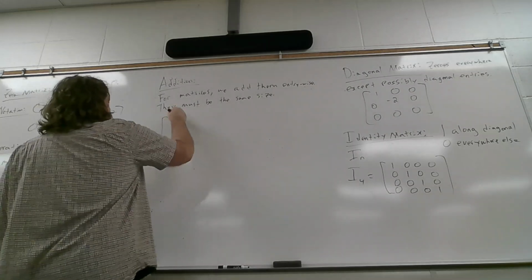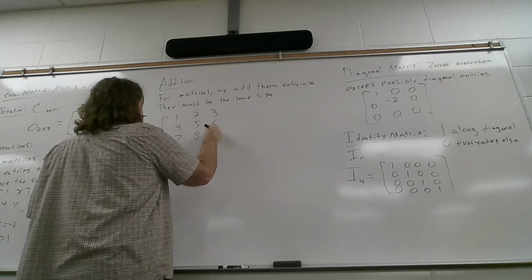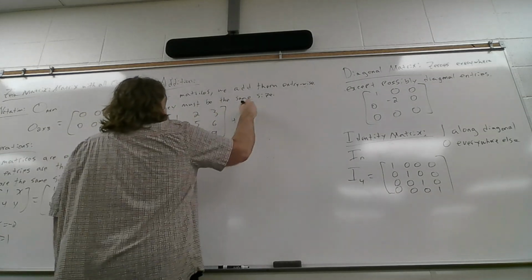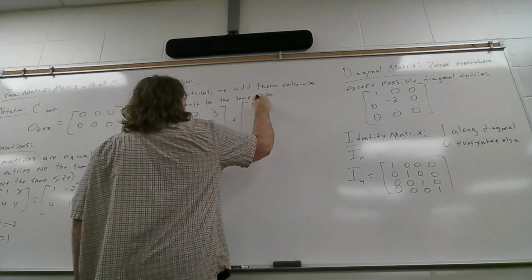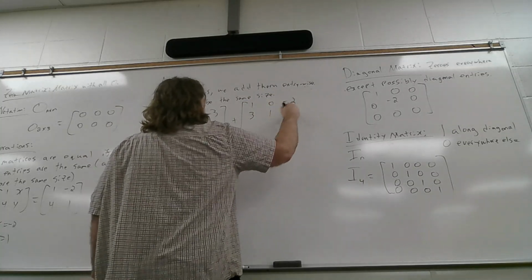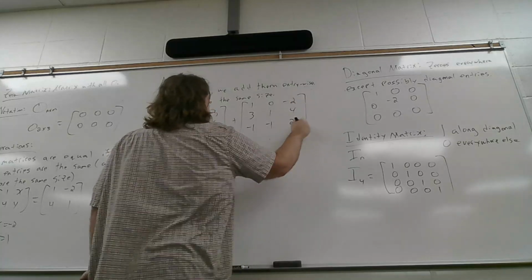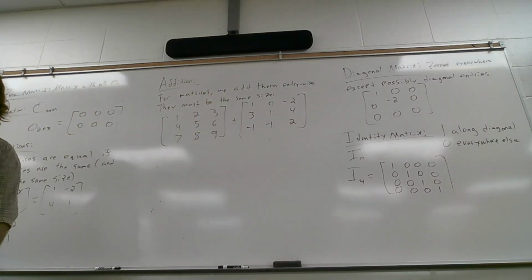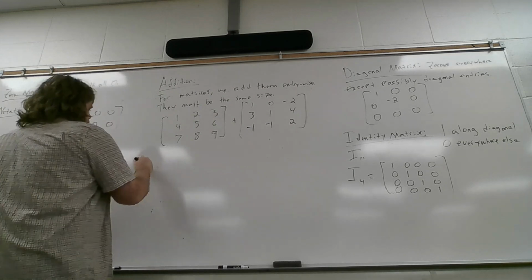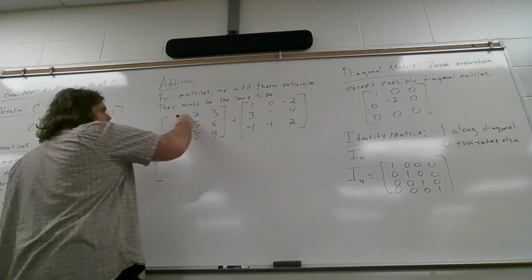So let's just do a quick example. 1, 2, 3, 4, 5, 6, 7, 8, 9. My favorite matrix to write down. And then, who cares? 1, 0, minus 2, 3, 1, 4, minus 1, minus 1, 2. Okay, sure. Random matrix. So what this is saying is we just add it component-wise, right?